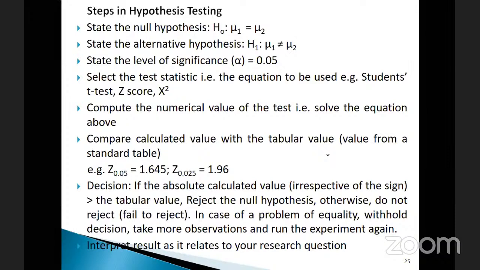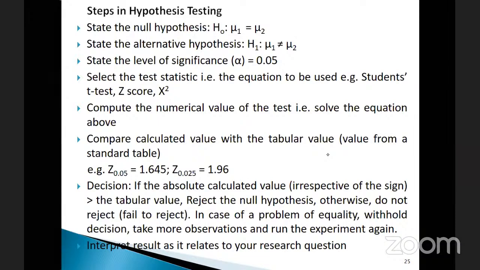If they are not equal, mu1 can be greater than mu2, or mu2 can be greater than mu1. That's not equal. And if you say not equal, it means that it can be either greater or less. So when it is either greater or less, that is two-tailed. But if you know that mu1 is greater than mu2, that is one-tailed.